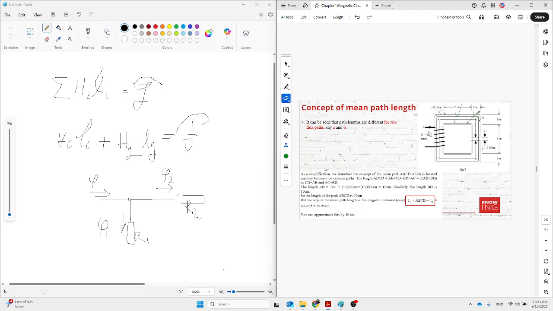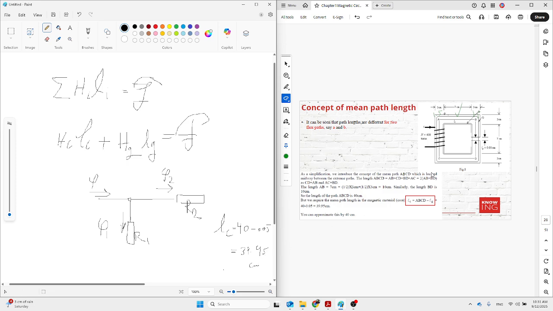And you can see the total length L for the core is 40 centimeter minus the air gap. The value of the air gap is 0.05. So the effective value here is 39.95 centimeter.